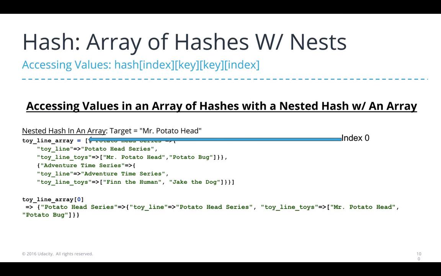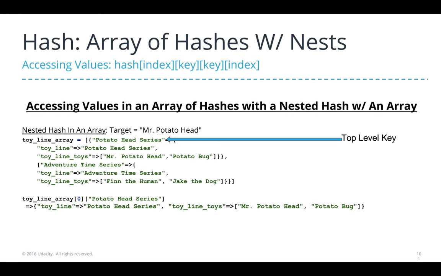If we call on toyline array at index 0, we get back this one single element, which is a hash, which contains a key of Potato Head series. And as its value, we have a nested hash with 2 key value pairs. Toyline as a key with a value of Potato Head series, and a key of toyline toys with a value that is an array of 2 elements.